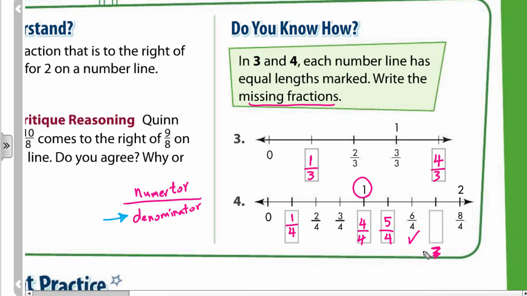My heroes, just count 1/4, 2/4, 3/4, 4/4, 5/4, 6/4. So we have already 6/4. This is the next one after 6/4.